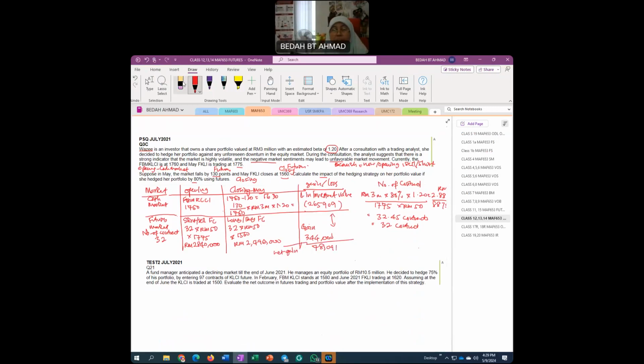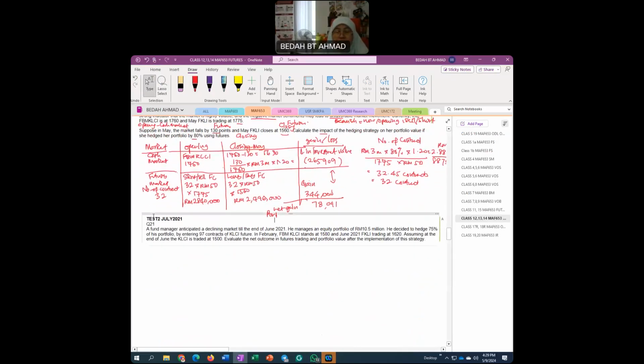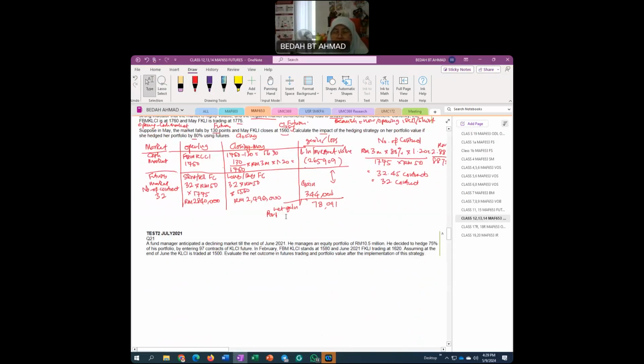Plus the investment portfolio value, which is 3 million from before. So the total investment value is 3,078,091.